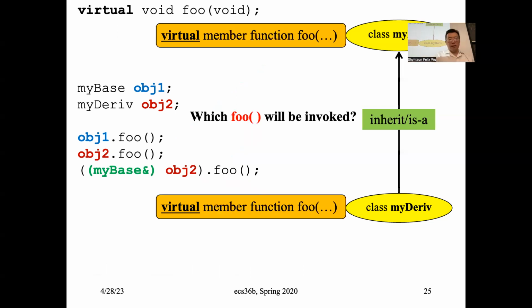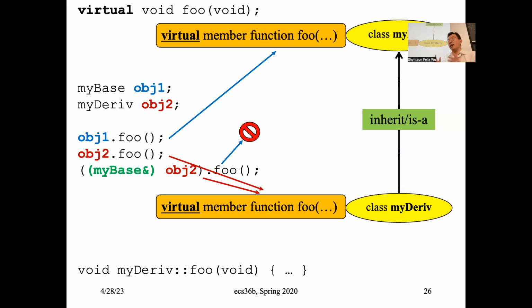But with the virtual function, it's already determined which function to call at the time this object was created, probably much earlier than this time, right? You must create this object at some point.